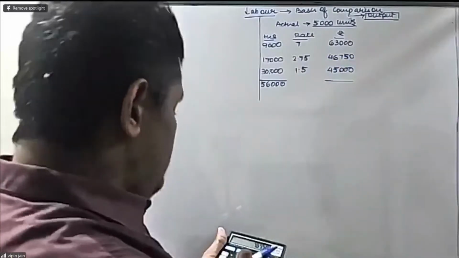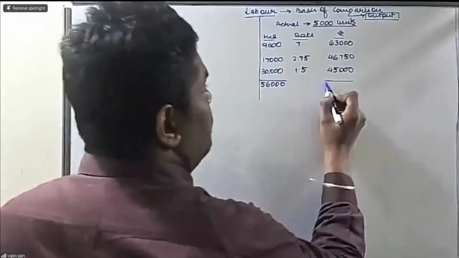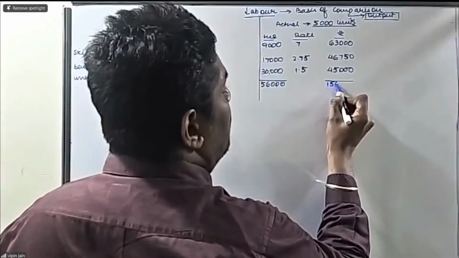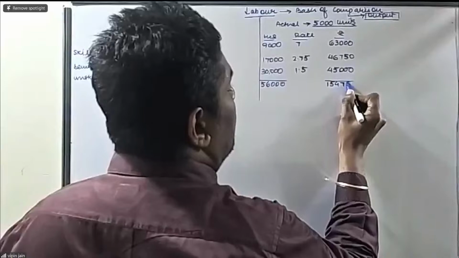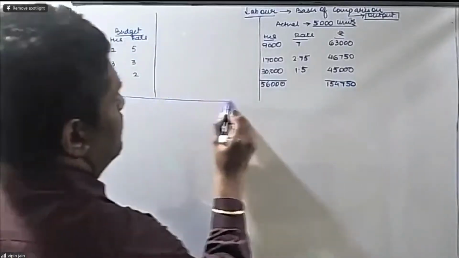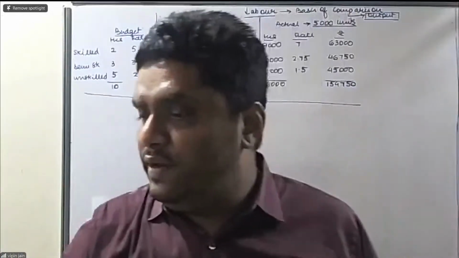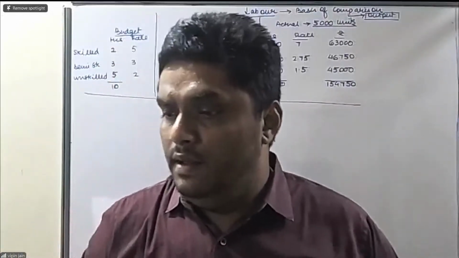So the total will be 154,750. So budgeted data and actual data are given in respect of labor.